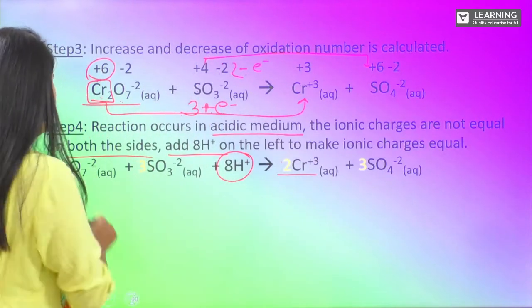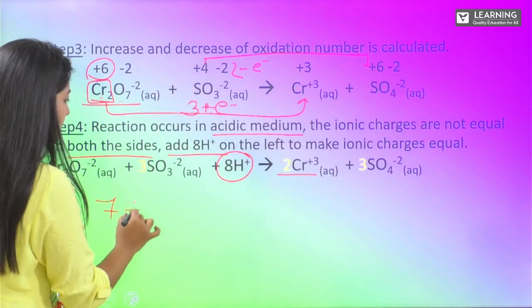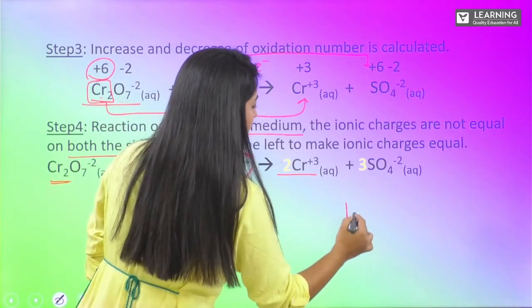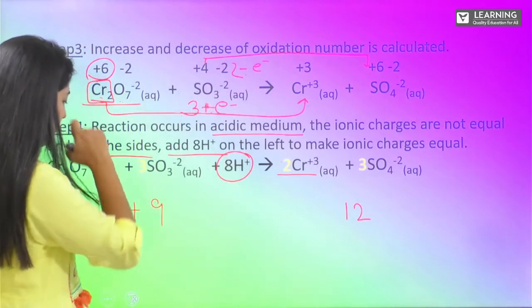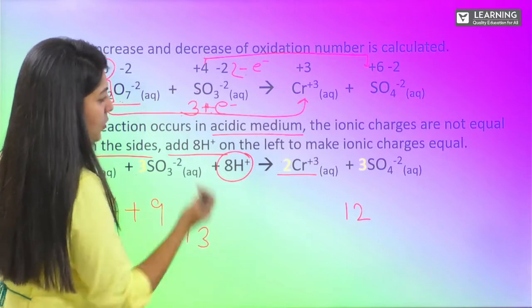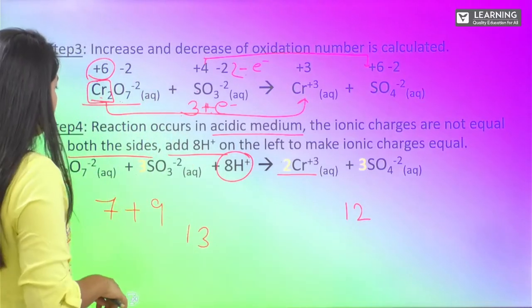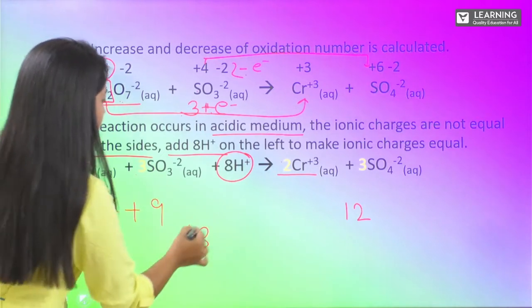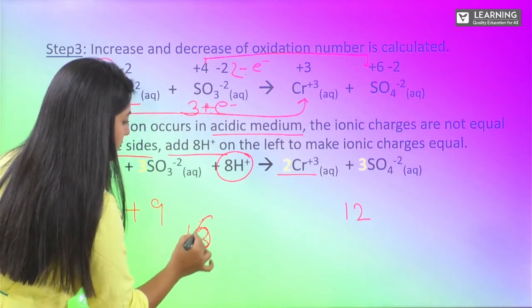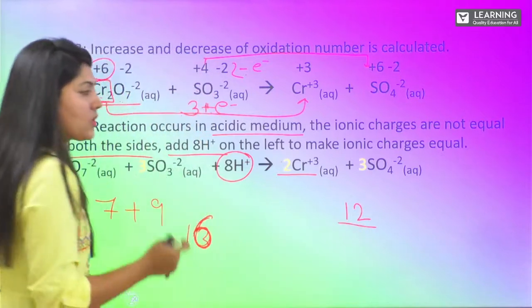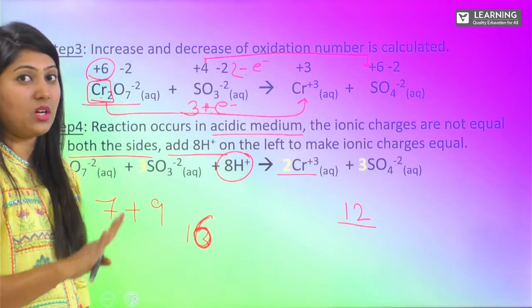Now we need to count the oxygen: 7 plus 3 threes are 9, and here 4 threes are 12. So we have 16 on one side and 12 oxygen atoms on the other. The oxygen atoms are not balanced.